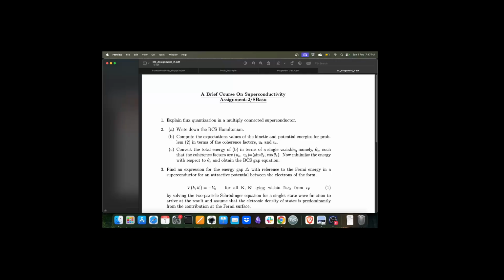There will be another factor, the sum over K and L, VKL, which is the interaction potential, and then of course c k dagger, c of minus k dagger, and c of L, c of minus L.